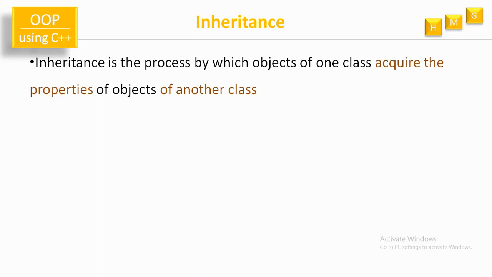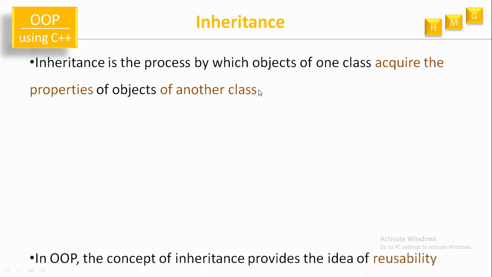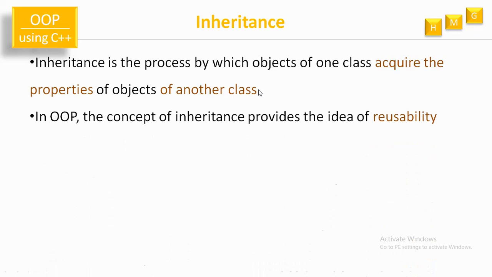There will be one class, and with the help of that class, another class will be related to it, and the object of one class acquires whatever properties the object of the other class has, automatically within the object of the second class. Let us see in detail.